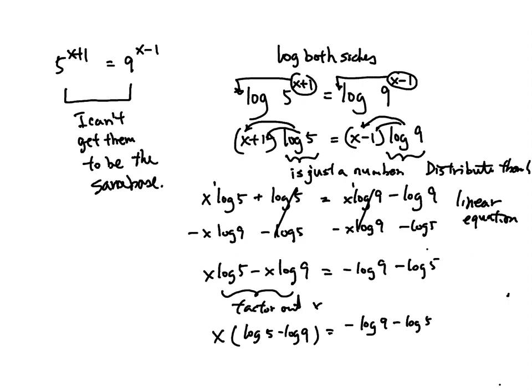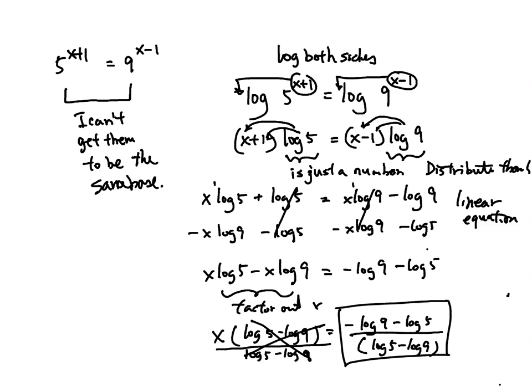And to figure out what x is by itself, I can get x by itself by dividing both sides by log of 5 minus log of 9. And this right here is my answer for x. Not pretty, but it gets the job done.